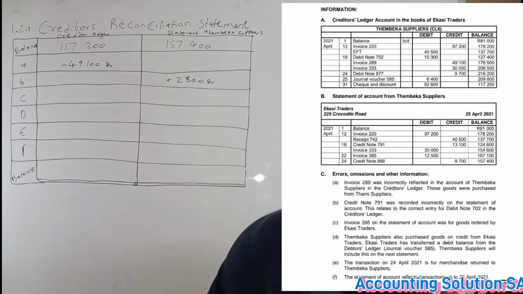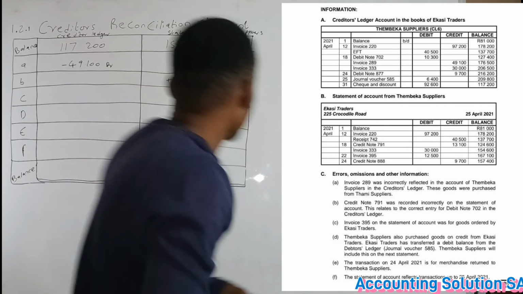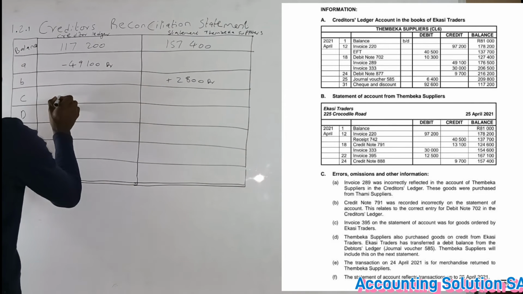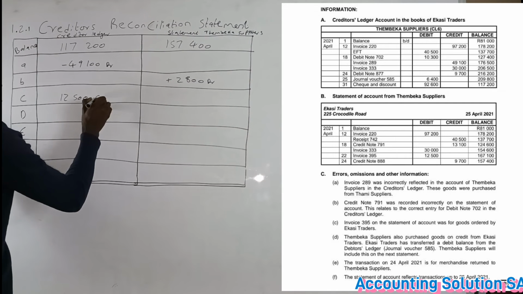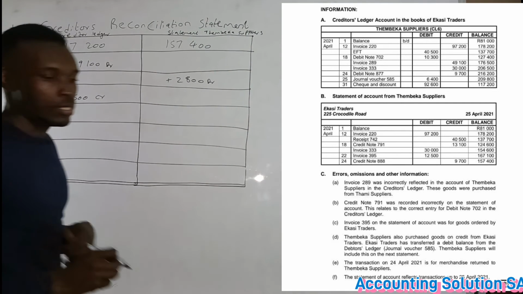Because on the statement of account it has been debited, when we go to the other side, we have to credit. And when we credit, that side is a plus. On the creditors ledger, the credit side is a plus of 12,500.